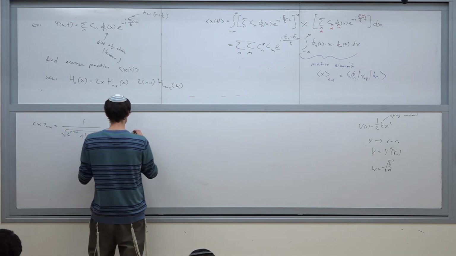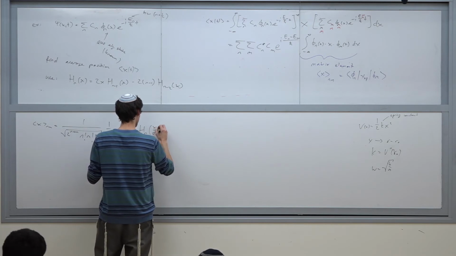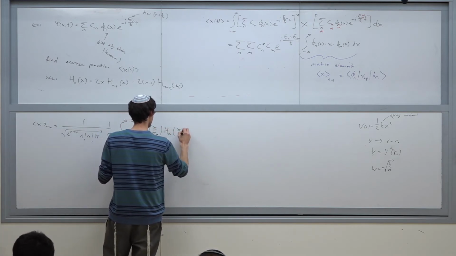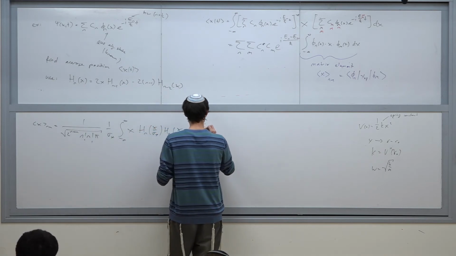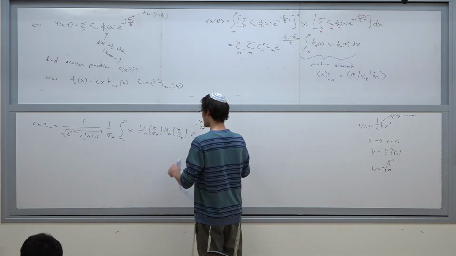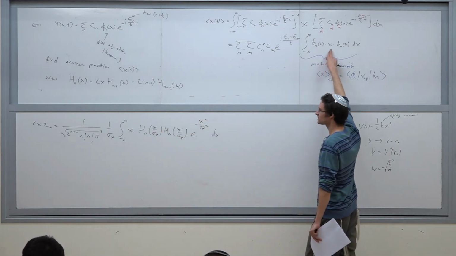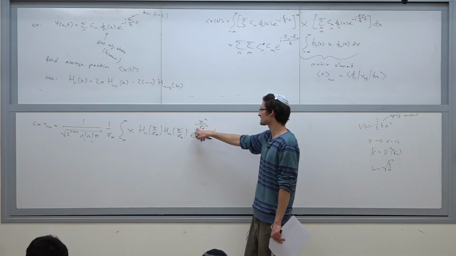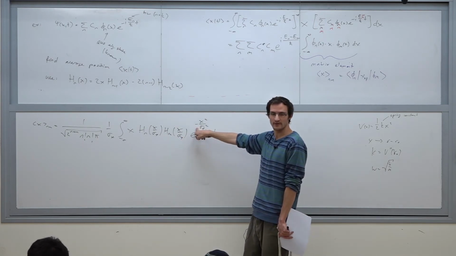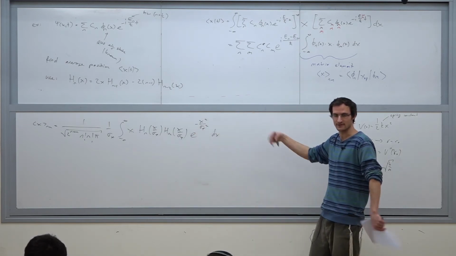Just plug it in. It's that simple. There we go. So there's an x. That's what we had from the average. Then there's an Hn times a Gaussian and an Hm times a Gaussian. This Gaussian has no 2 in the denominator because it's a Gaussian with a 2 times a Gaussian with a 2. That's a Gaussian without a 2. It's a sum.